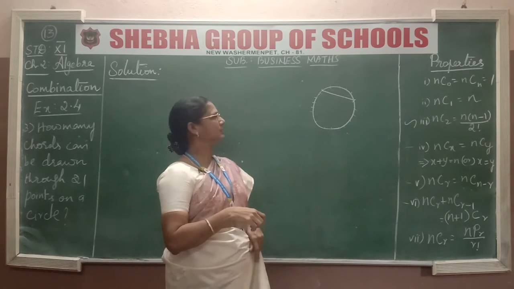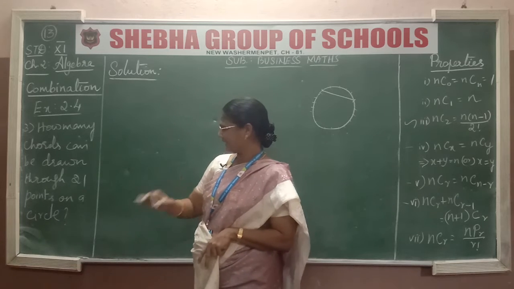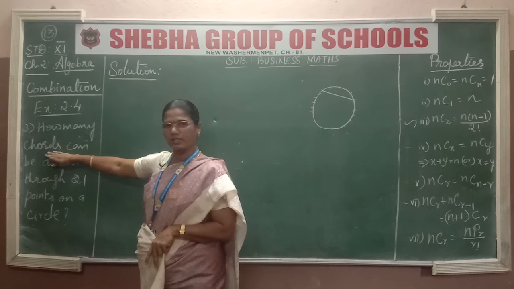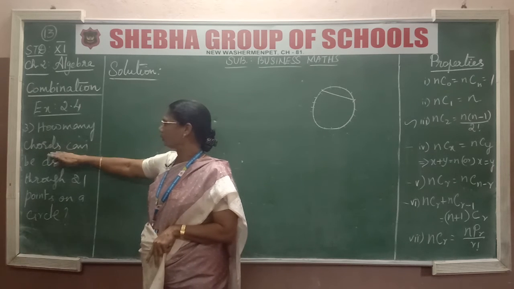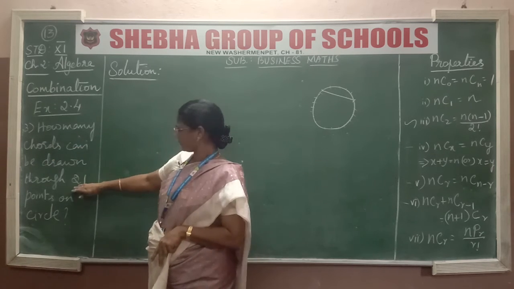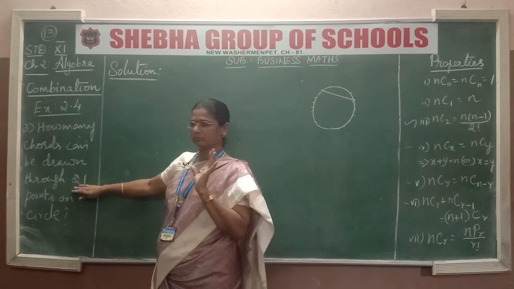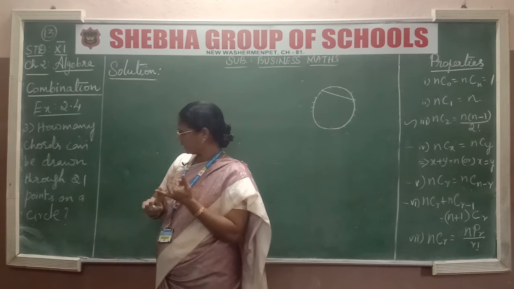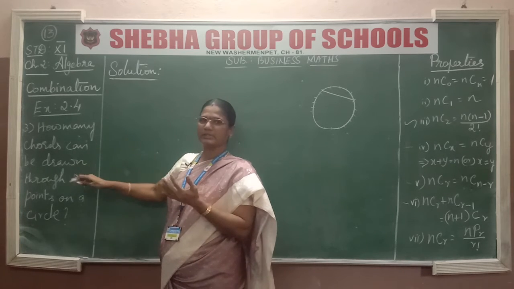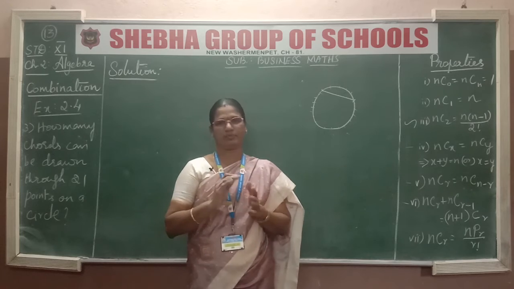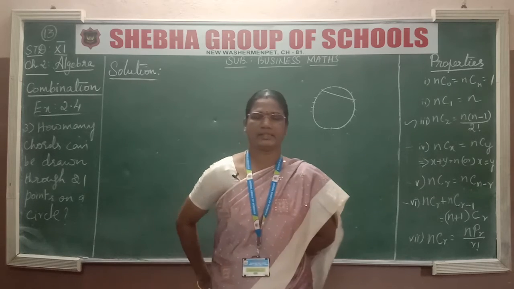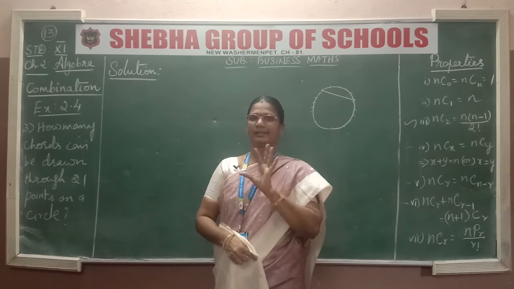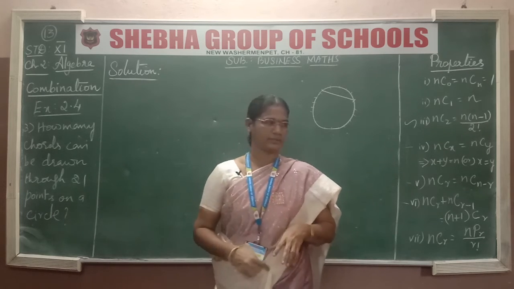So this is the same as selecting. We need 2 points to draw a chord, isn't it? So we select 2 points among 21. So this is 21C2 ways. Selecting is combination and the combination formula is nCr. Here n is 21 and r is 2 points.